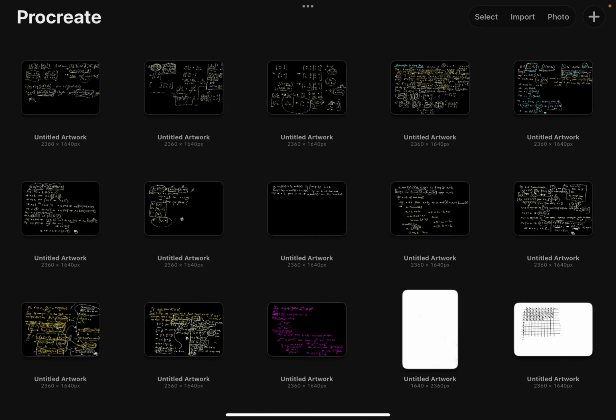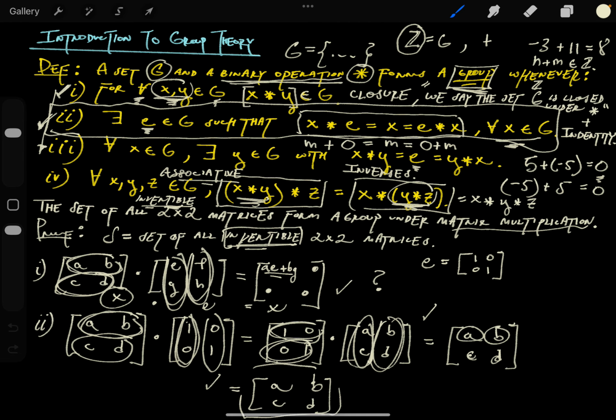Let's go back to the beginning and reorganize ourselves, and this is something that you've got to stick with. The first thing is that I wanted to show closure: for any invertible 2x2 matrices, this is an invertible 2x2 matrix, and this is an invertible 2x2 matrix, I needed to show that the product was an invertible 2x2 matrix.